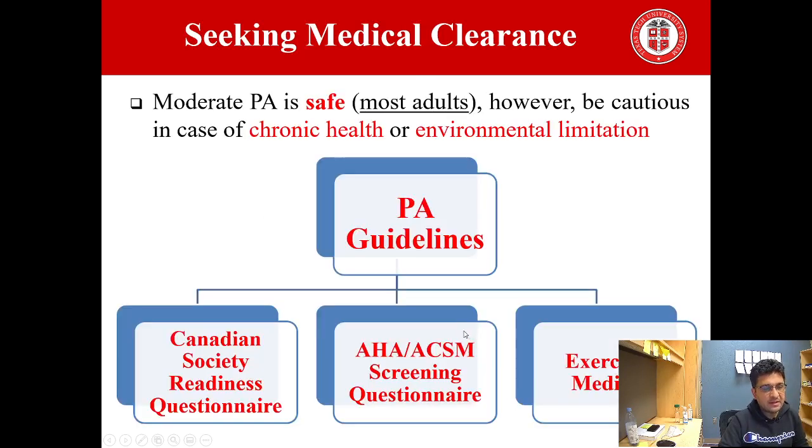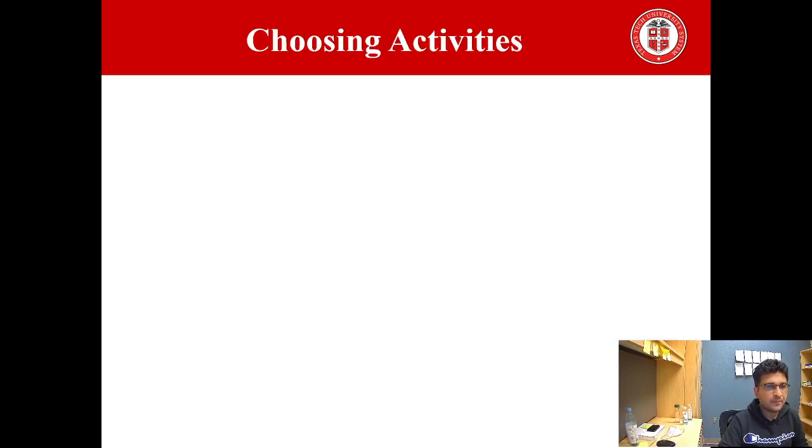These are some examples of guidelines: the Canadian Society, the AHA, and the American College of Sports Medicine. You have links to all these three physical activity guidelines in your textbook. So if you want to make some sort of a start, these are some good resources to look at.